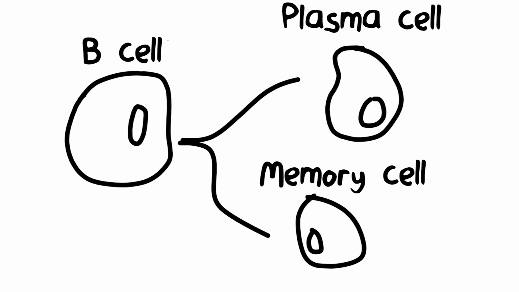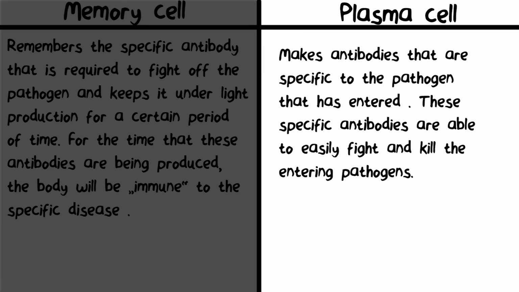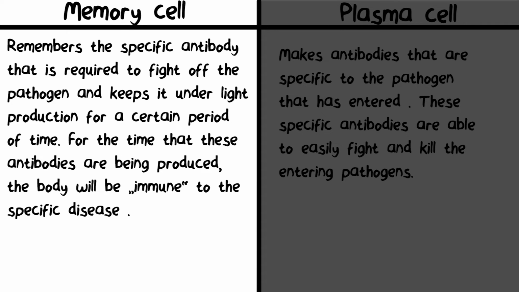This may sound complicated, but to put it simply, there is a chain of reactions that ultimately makes a helper B cell turn into plasma cells and memory cells. A plasma cell can make antibodies which are specific to the pathogen, meaning that it is effective at killing that pathogen. While a memory cell will do something similar.